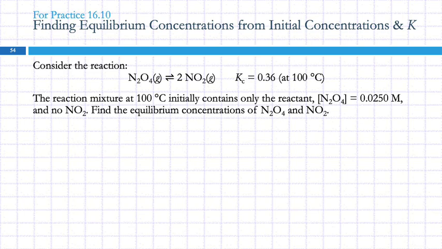Well, my lawyer daughter-in-law would disagree with that, but we're not going to use that number in the calculation. So we don't need to worry about that one. We've got the initial concentration of this reactant, and it tells us no product. Find the equilibrium concentrations. So, ICE table.